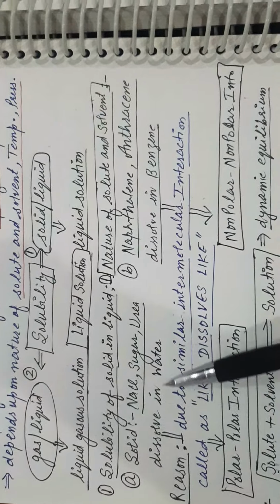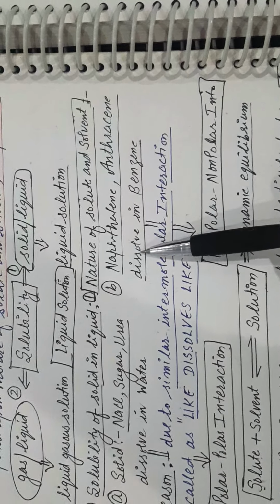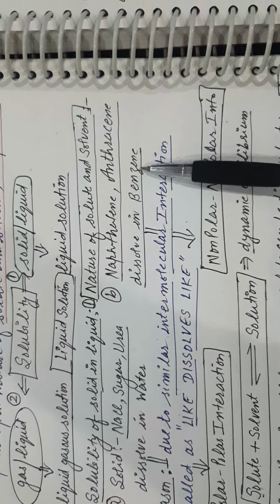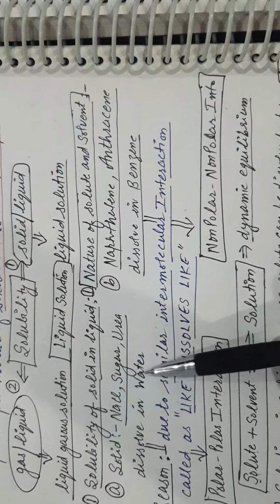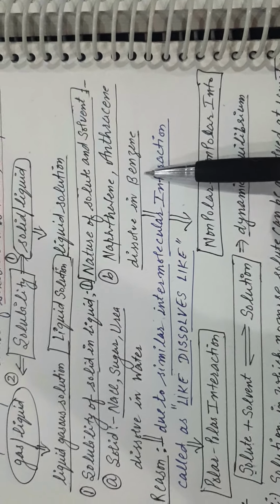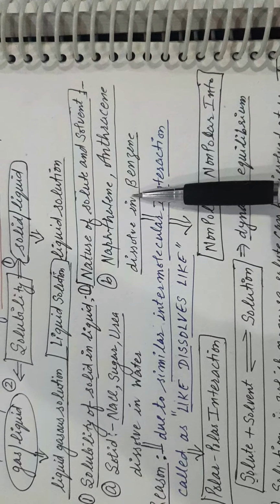Why is it so? Other solids like naphthalene, anthracene are easily dissolved in benzene. Why is it so? What is the reason behind this?